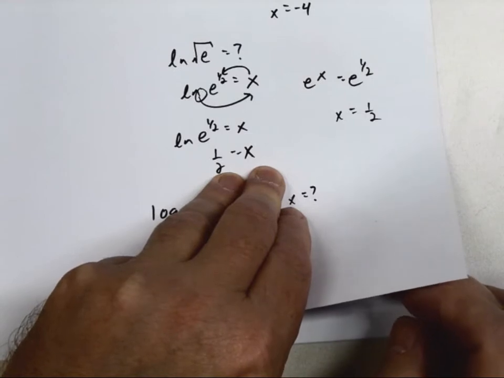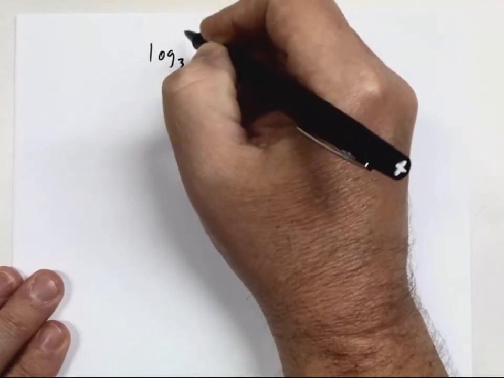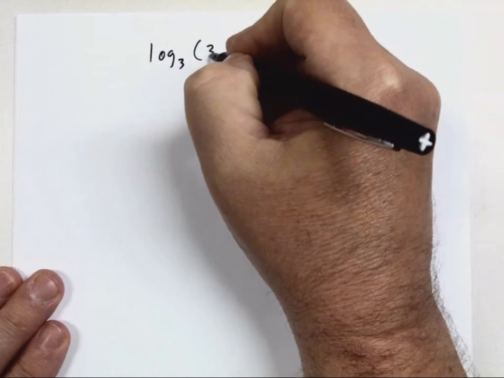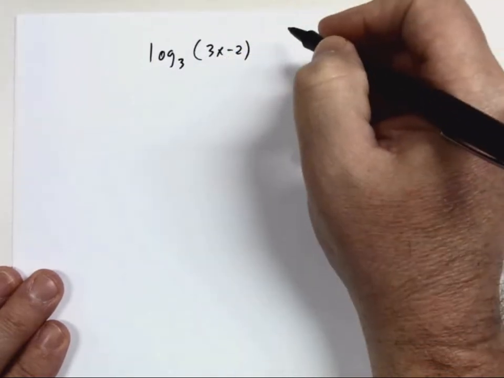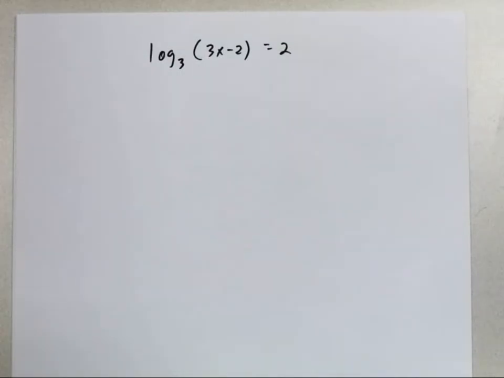How about, here's one. Log base 3 of 3x minus 2 equals 2.